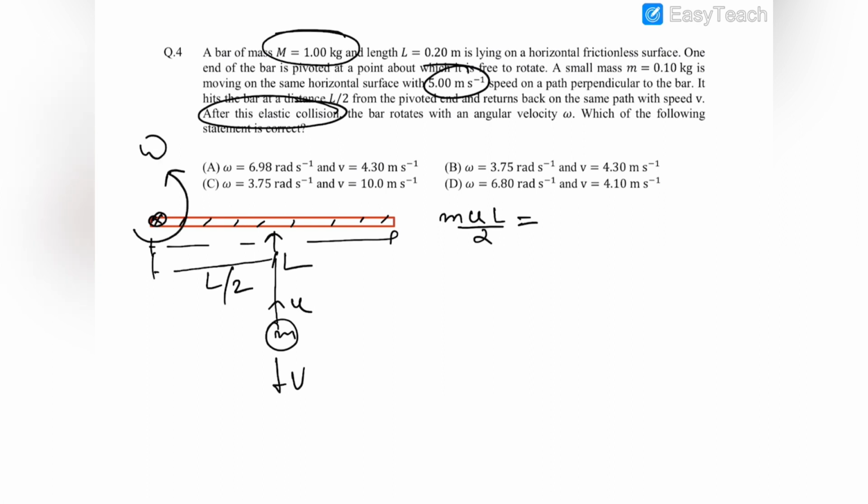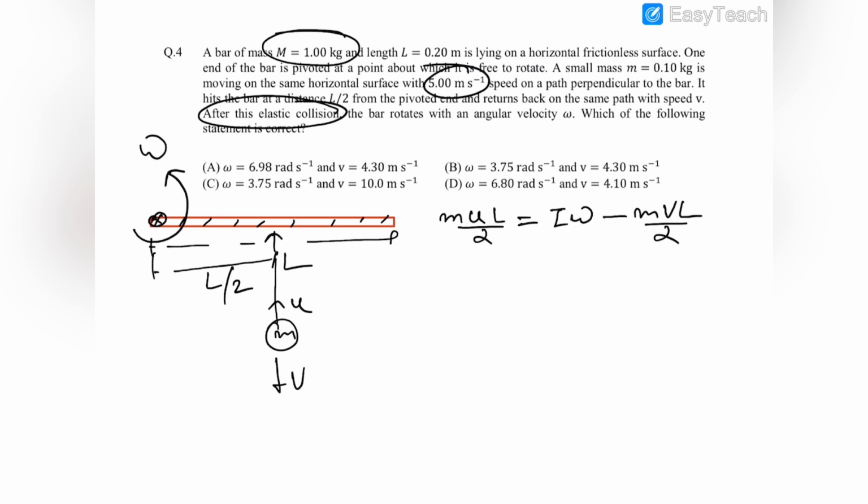So the final angular momentum of the rod would be I omega in the anti-clockwise sense, and initial angular momentum was also in anti-clockwise sense. And when the ball starts to return with velocity v, then we can say that the angular momentum of the ball would be mvL by 2. So the minus mvL by 2, because this angular momentum would be in the clockwise sense.